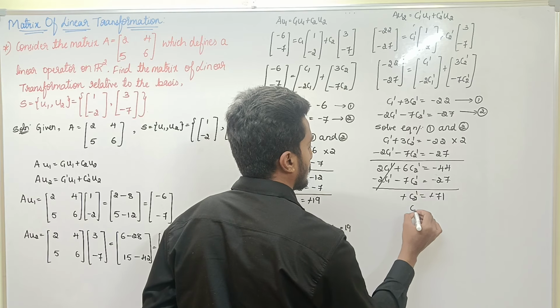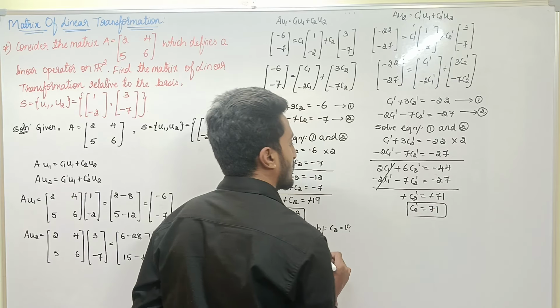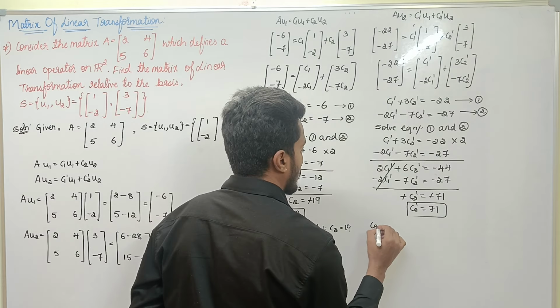Minus minus get cancelled, C2 dash is equal to 71.